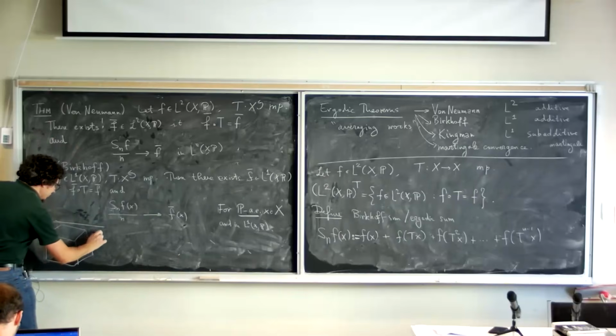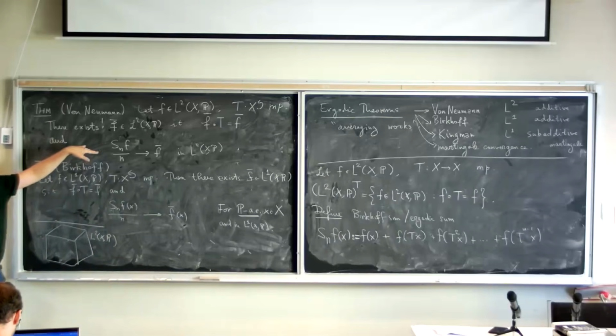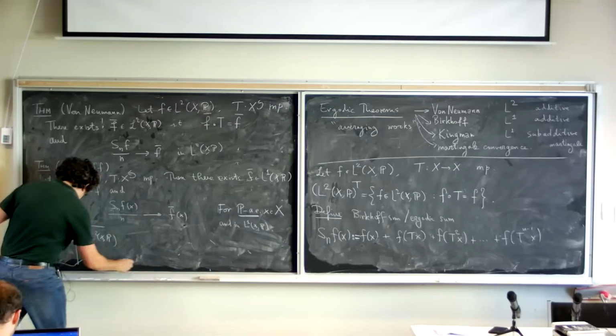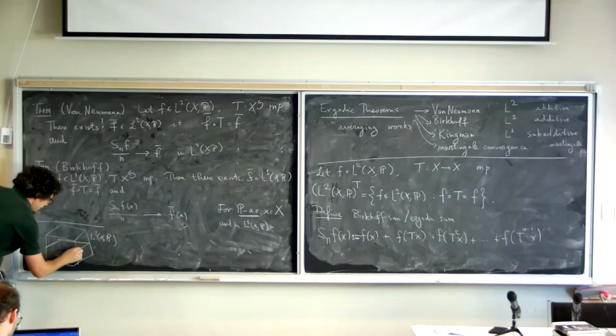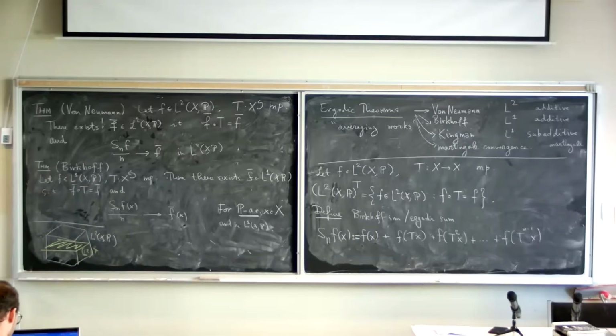So this is L2. And then the space of invariant functions is a subspace of it. So this is L2 of T, the invariant functions. It's a closed subspace. Could be one-dimensional or more.